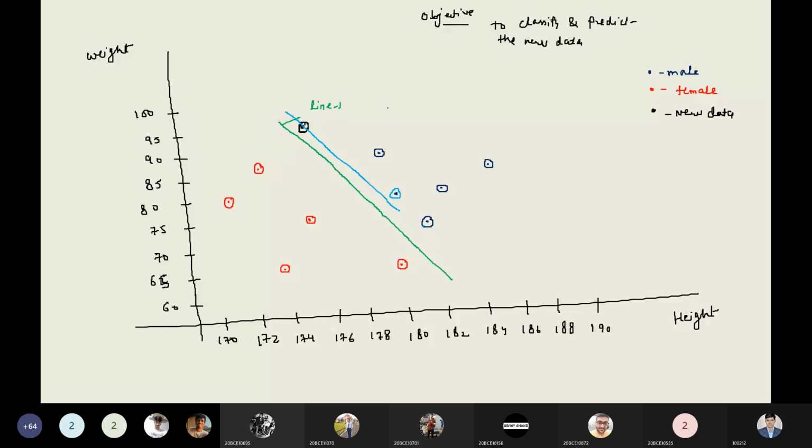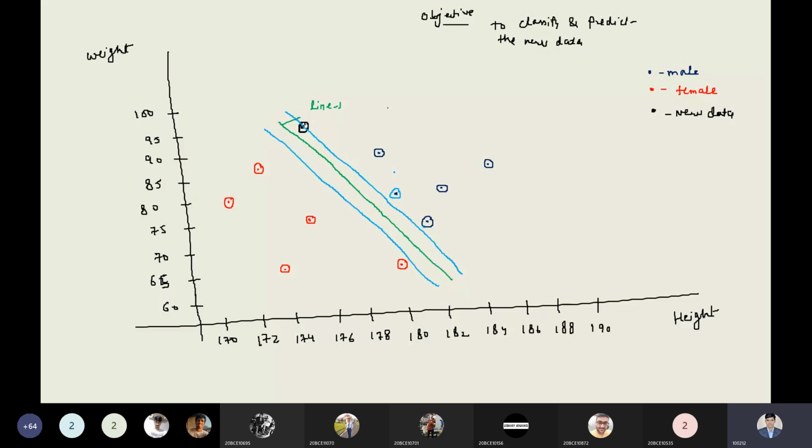This is the point. And we have to use this other point. So what is the maximum space? Maximum space means parallelly we draw lines which are close to all the classes' data points.